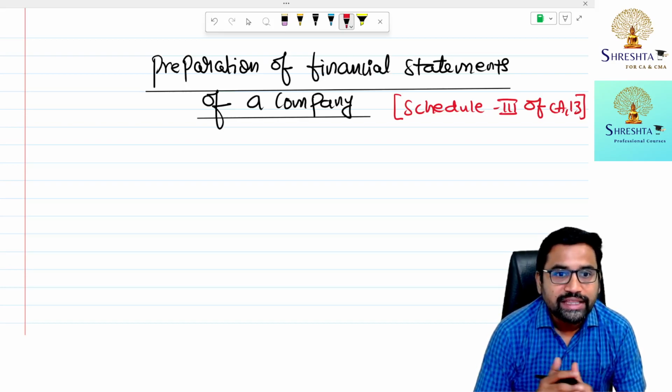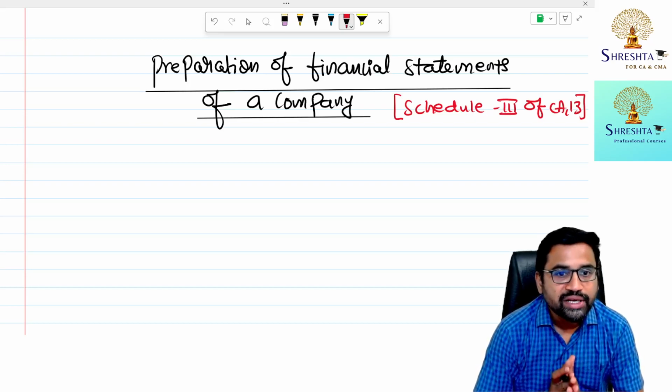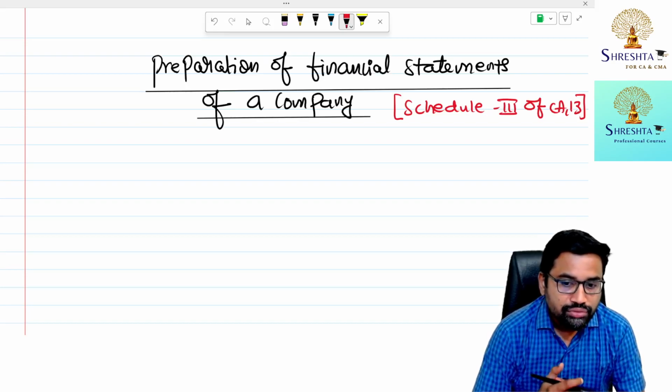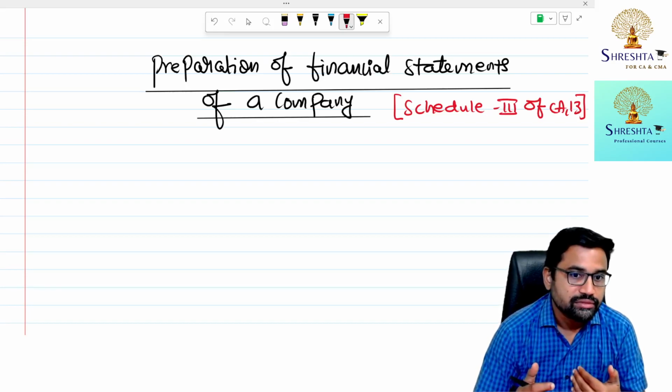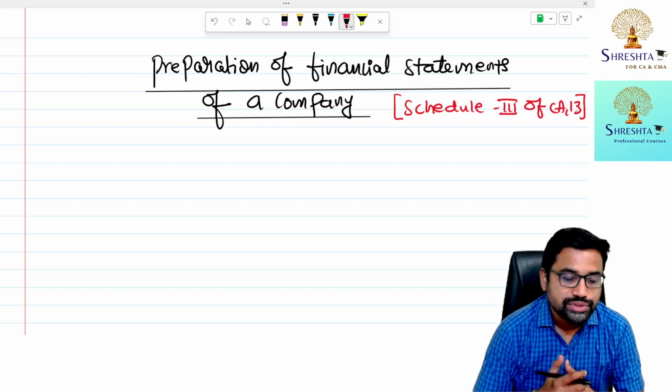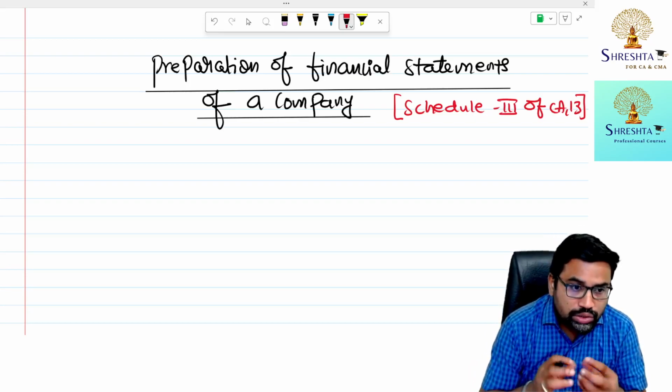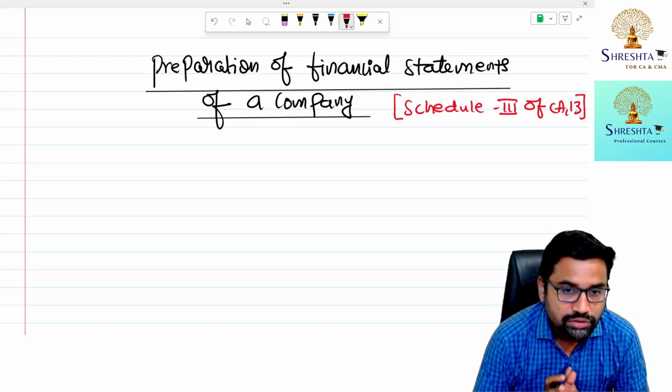Because every company at the end of the year has to prepare a balance sheet and a P&L account. Now how they need to prepare, which information they need to disclose, all those things are covered in Schedule 3.